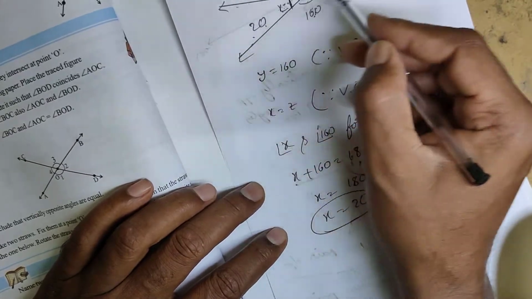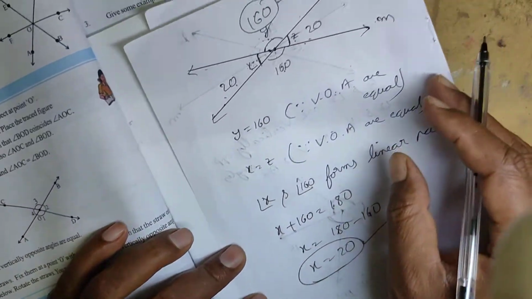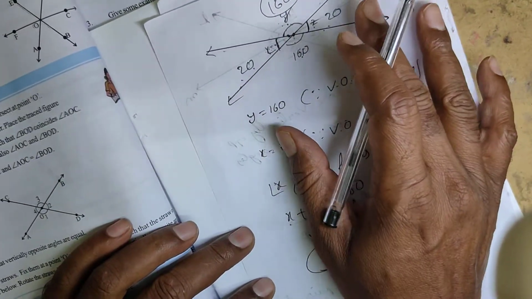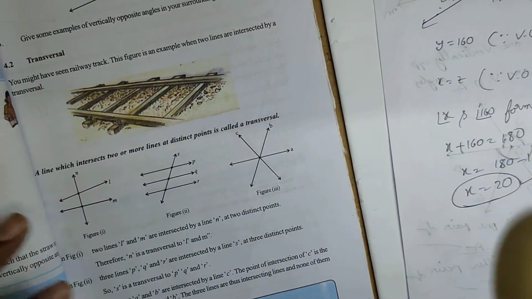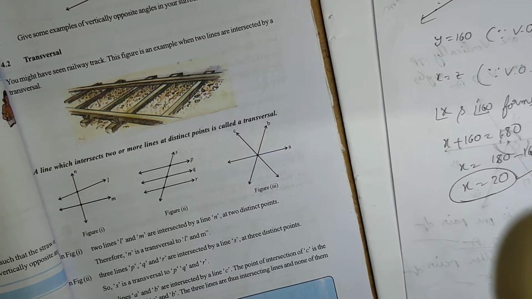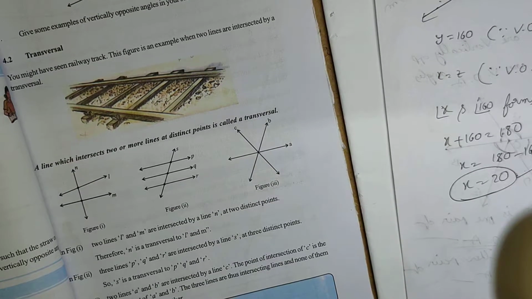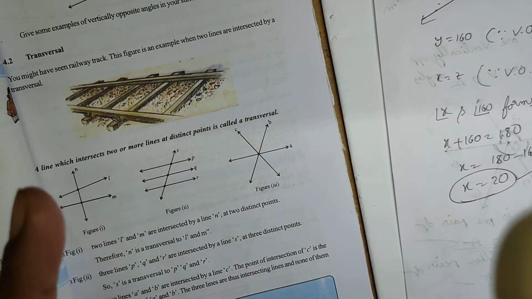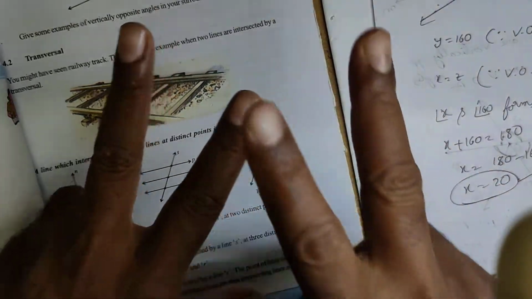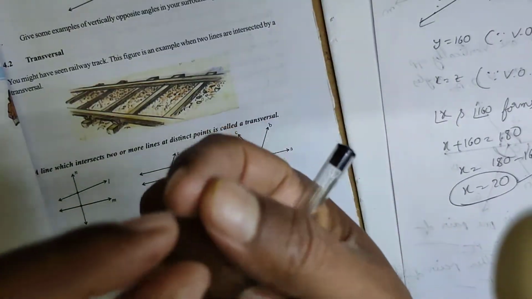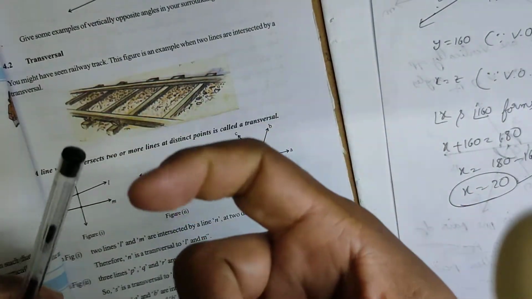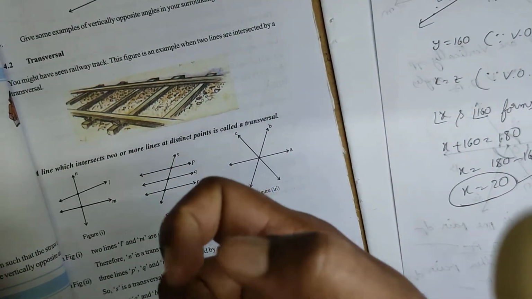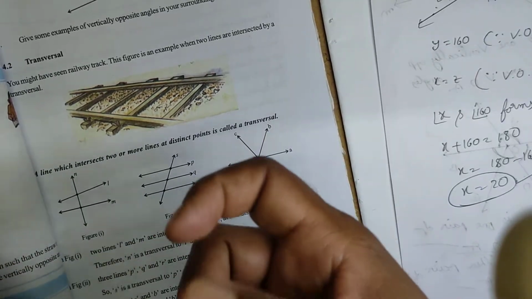So if two lines intersect at one point, if you know one angle, you can find out the remaining three. Now the third question asks for some examples of vertically opposite angles in your surroundings. Do you know about scissors? At the center one nut will be there, and to hold with fingers you have round structures on this side.